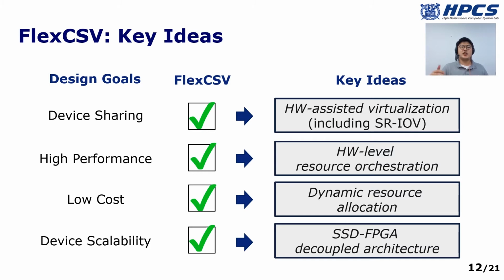Third, it achieves high cost effectiveness by dynamically constructing and scheduling virtual computational storage devices. Fourth, it provides high device scalability and flexible resource configurations with a decoupled architecture. To the best of our knowledge, this is the first work to implement a hardware-assisted virtualization mechanism for modern computational storage devices.